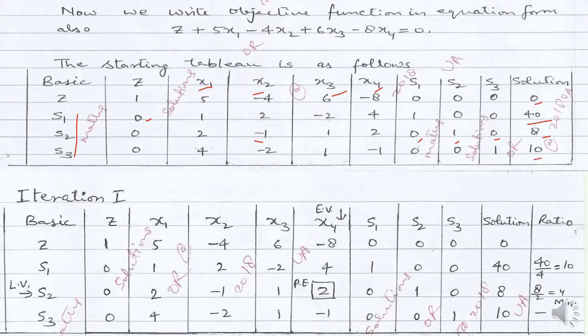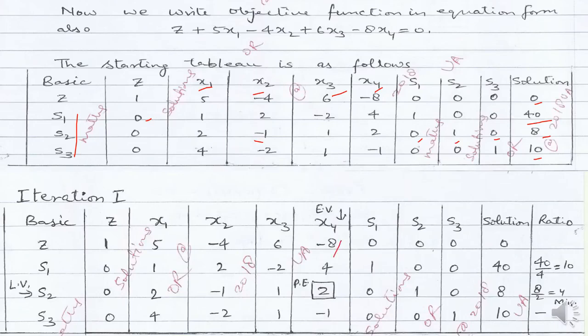So we got this starting table, and now because we have made it a maximization problem, we will check which one is the most negative. If it had been a minimization problem, and we had taken the equation as it is given in the question, we should have checked for the most positive element. But now it is a maximization type problem, so we will check for the most negative, that is minus 8 here.